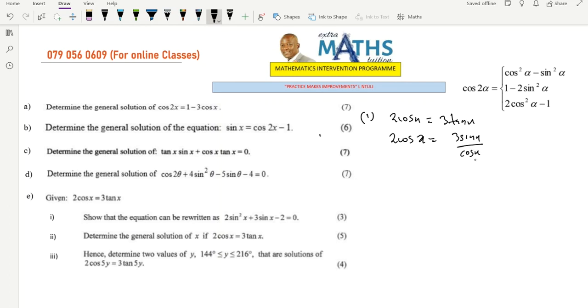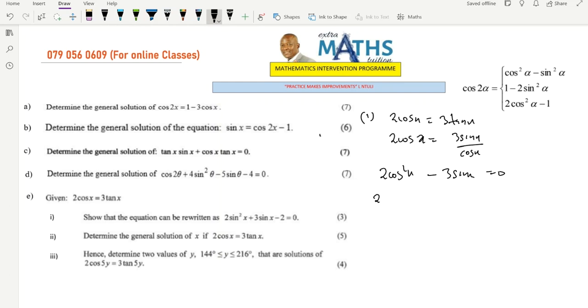Okay, what do you need to do? Cross multiply. It will be 2 cos squared x minus 3 sine x equal to 0. I need to have 2 sine squared, but I know that for sine, I can introduce the square identity.